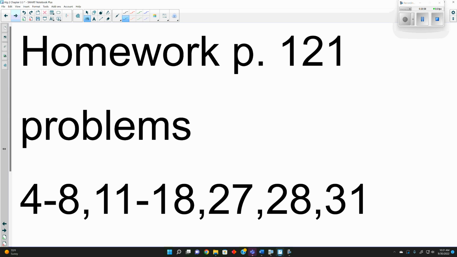So if they ask you to solve by factoring, you need to factor them to solve. If it asks you to solve by graphing, you get to graph it to solve. If it says to solve by any method or just find the zeros, you can use any method to find it. And at this point, we have the square root method, graphing, and factoring. Those are the only 3 methods that we have.